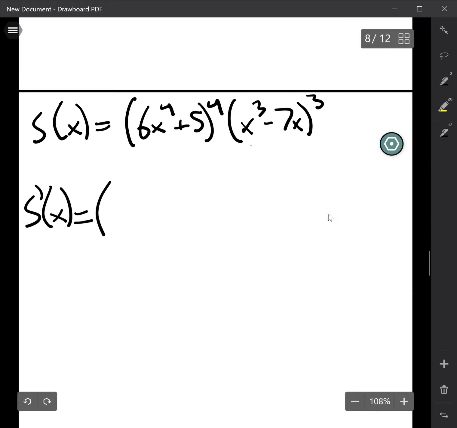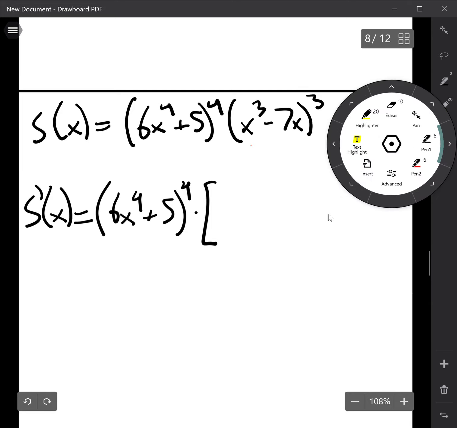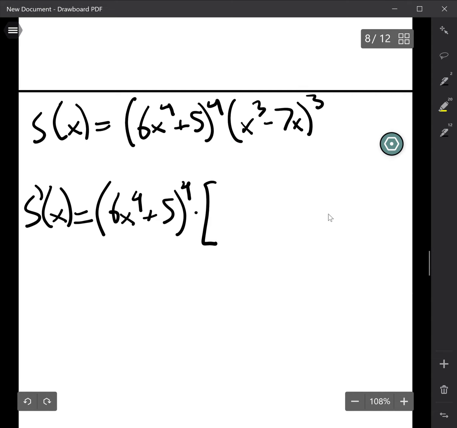We got first, 6x to the fourth plus 5, all raised to the fourth, times d second. This is where the chain rule comes in. When I derive the second guy, which is all of this, including the power, turns out I'm going to need that chain rule. So derivative of the outside is 3 times x cubed minus 7x squared.